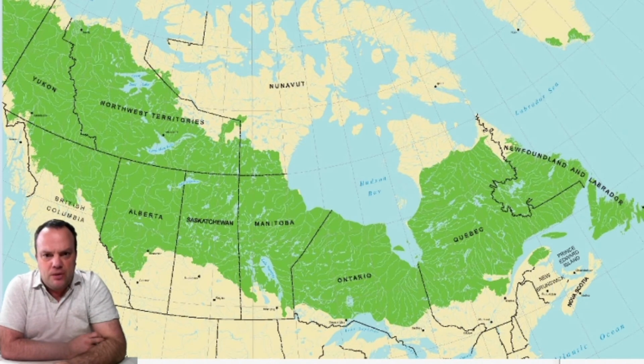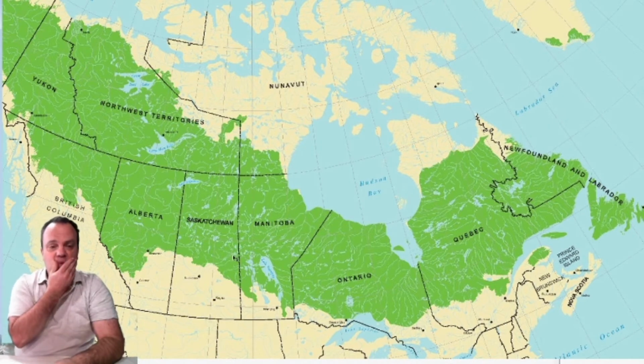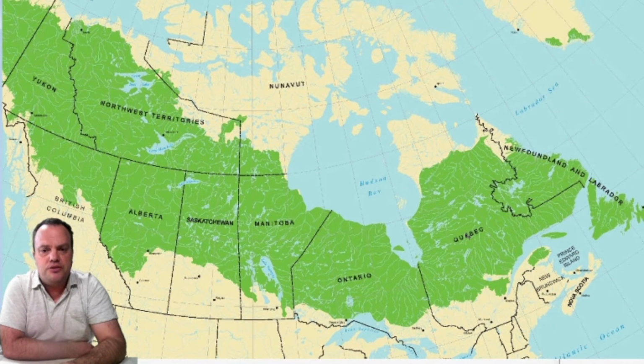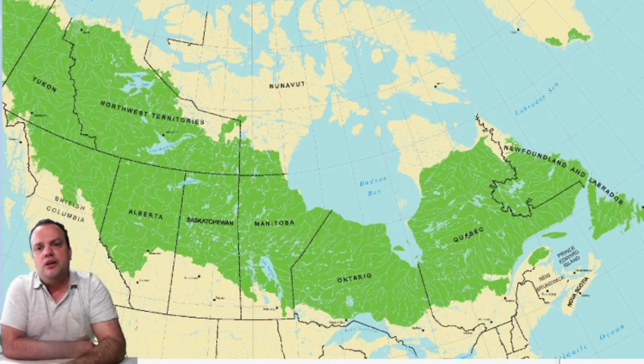This map of Canada has the boreal forest colored in green here. The USDA plant hardiness zones, as you know, are developed according to the lowest minimum temperature that you'll get during your winters.